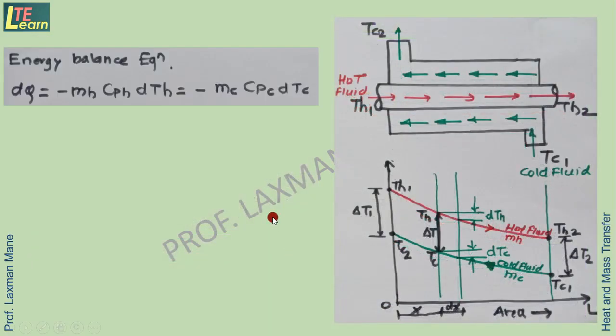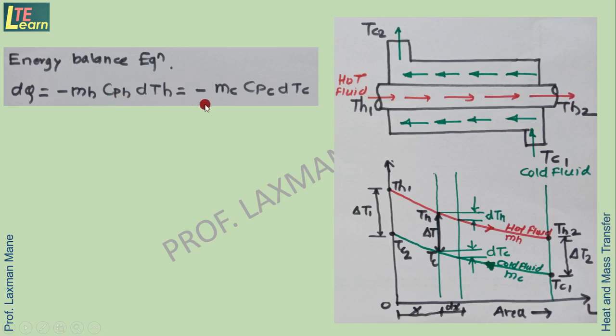Now for the analysis, we will have the energy balance equation for the element heat transfer. dq is equal to minus mh into cph into dTh, which is equal to minus mc into cpc into dTc. Here m means mass, cp is specific heat, and dT is a temperature difference.